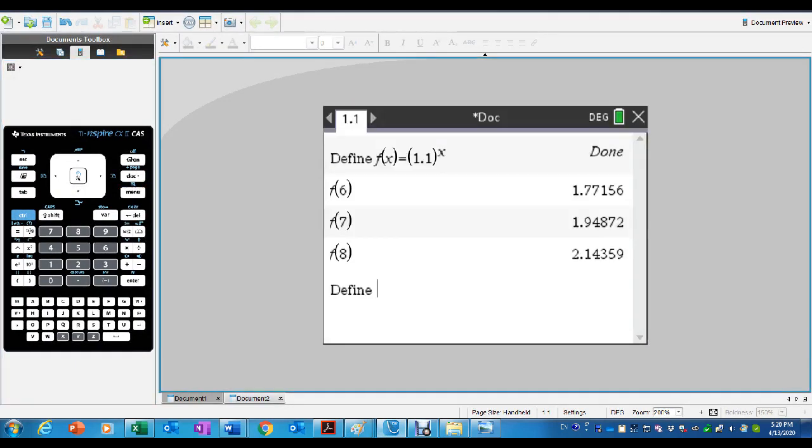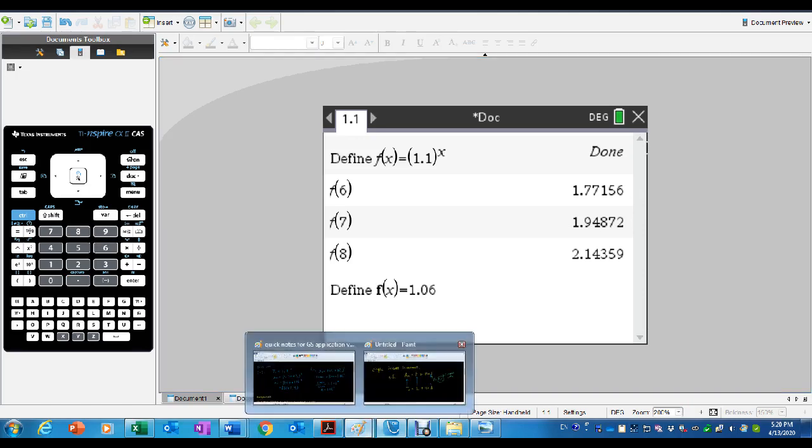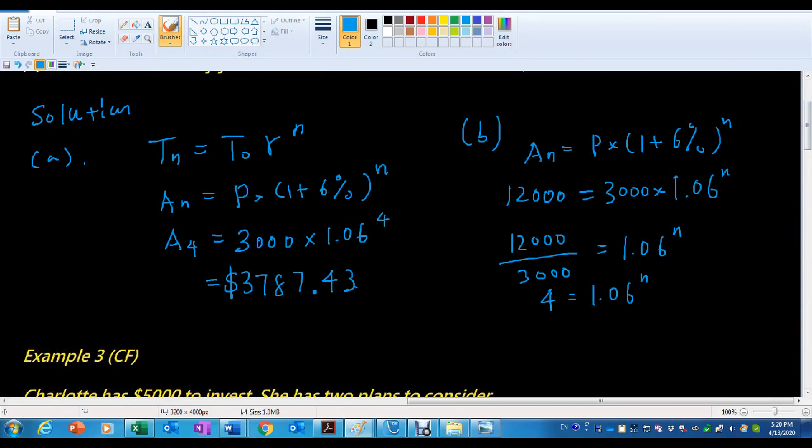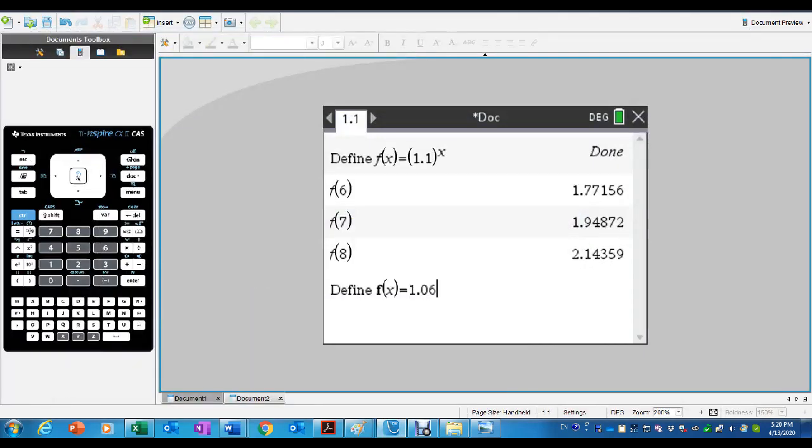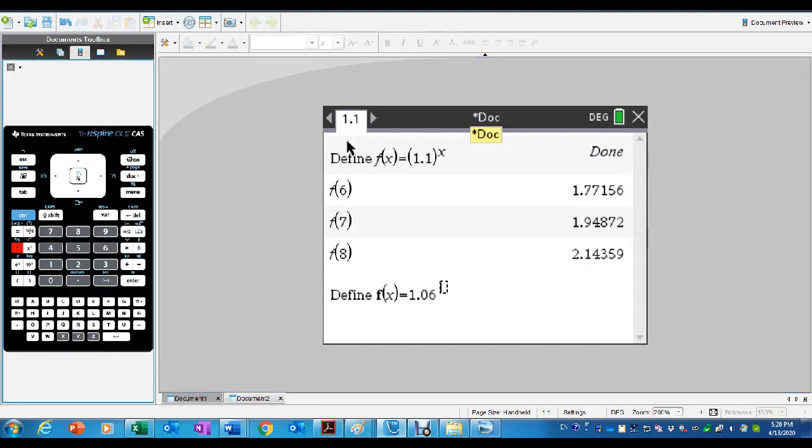Let's define again, but this time we're going to define 1.06 to the power n. So that n in the calculator must be x. You define it and then you can see what happens.